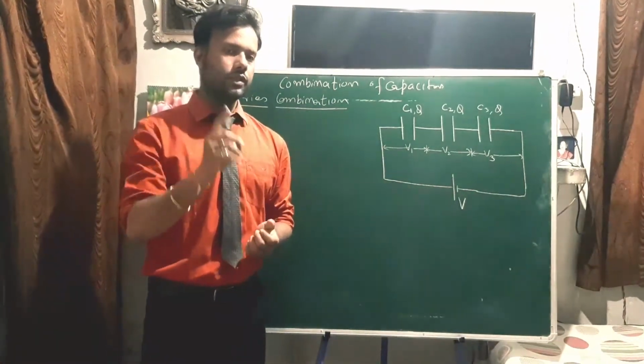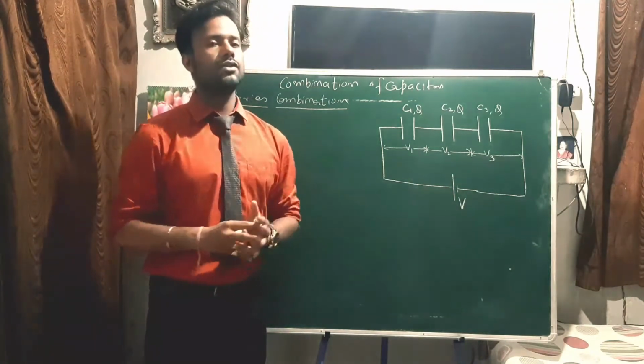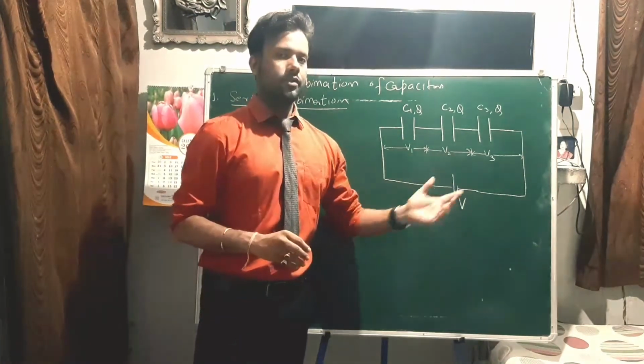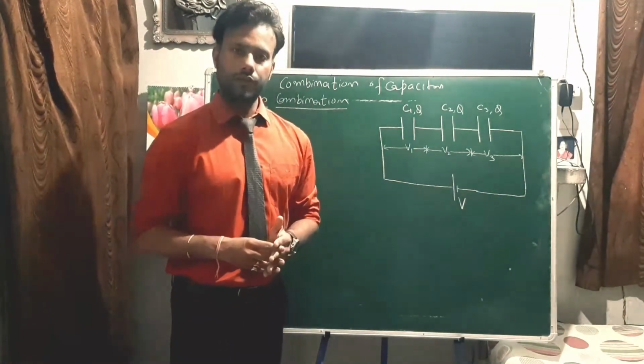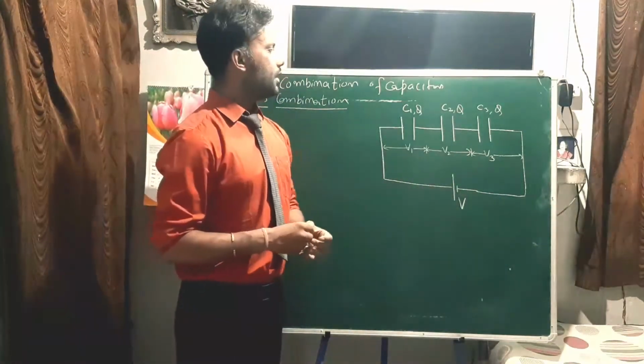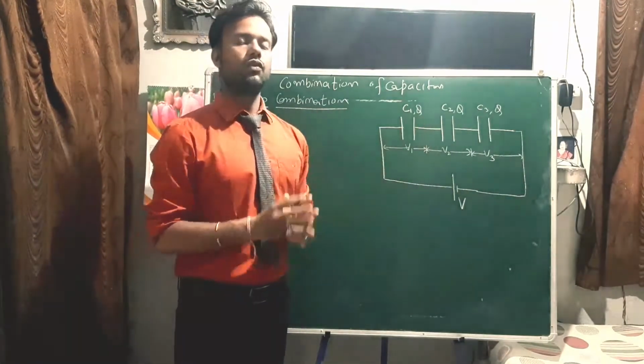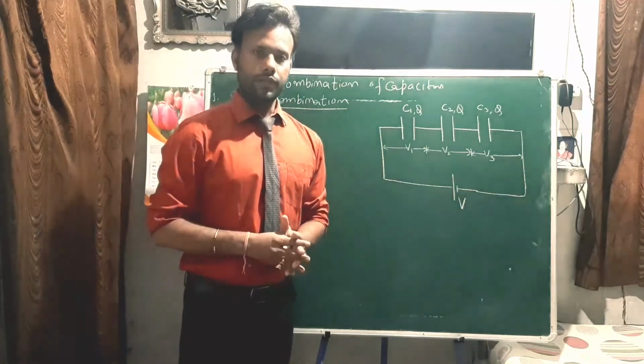The very first thing you have to remember: in series combination, the potential difference on each capacitor is different, that is V1, V2 and V3, and the charge on each capacitor will be Q, the total charge provided by the battery.